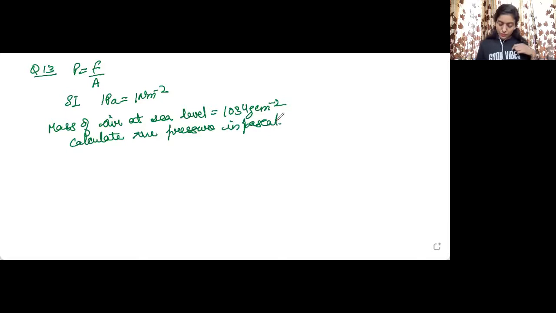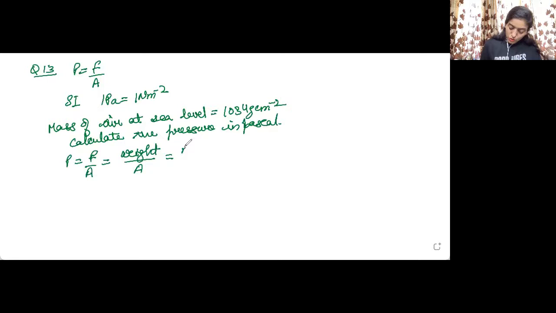Okay, so we have been given that the mass of air at sea level is 1034 gram per centimeter square, and we need to find out what will be the pressure. Pressure is equal to force per unit area. Now force is also weight, so weight per unit area. Weight is equal to mass into acceleration due to gravity, so mg upon A.